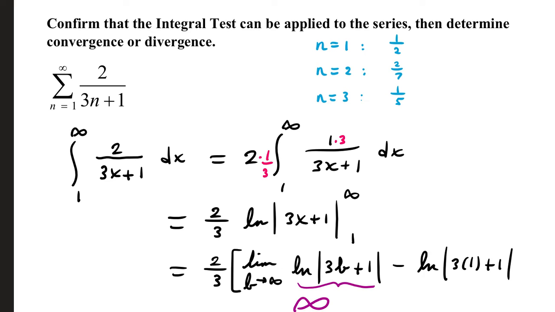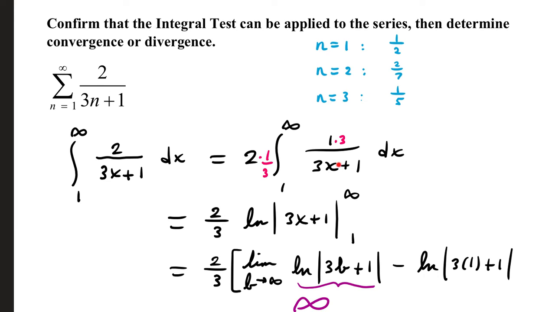So what we're going to do is write this nth term as a function of x and integrate it from 1 to infinity. First, because the denominator's derivative is 3, not 2, I'm going to pull that 2 out front. Then I have the integral from 1 to infinity of 1 over 3x plus 1.